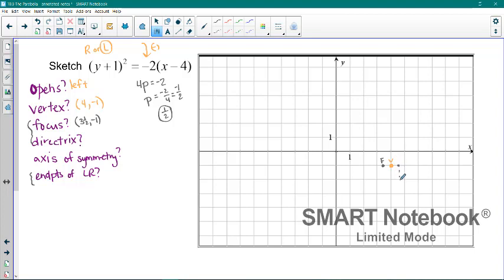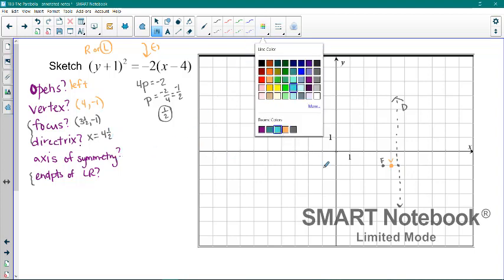It is a line. In this case, it is a vertical line that cannot intersect my parabola. So vertical lines have the equation x equals, I was at 4. I went a half to the right. Now I am at 4.5. So x equals 4.5 or 9/2.